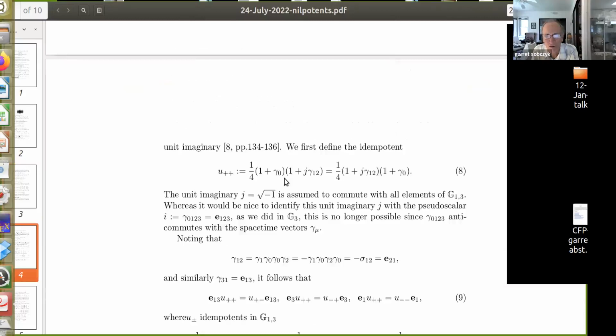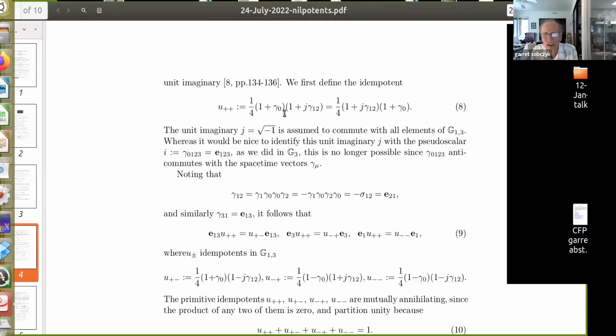We first define the idempotent. Okay, well, now I'm using the so-called Dirac algebra G13. Those are the geometric algebra of the Dirac matrices, which we identify with gamma 0, gamma 1, gamma 2, gamma 3.